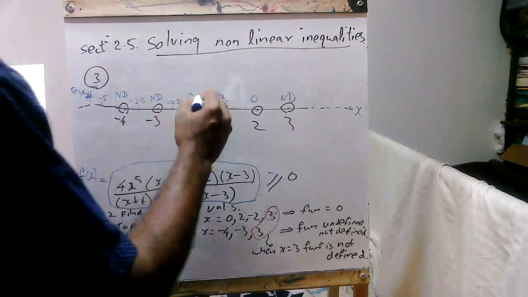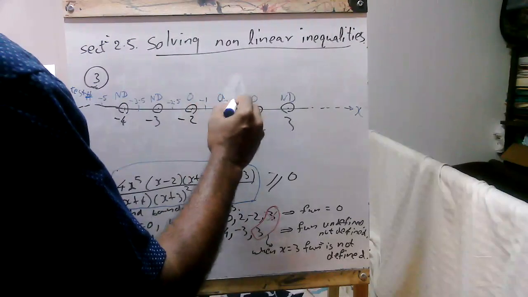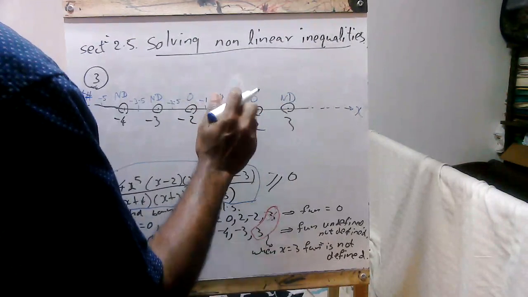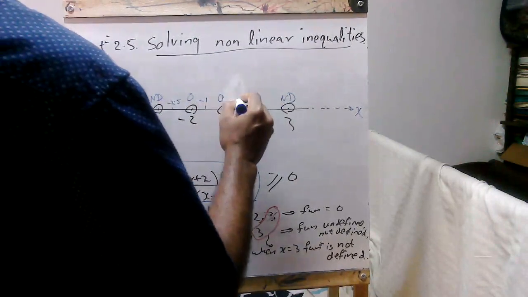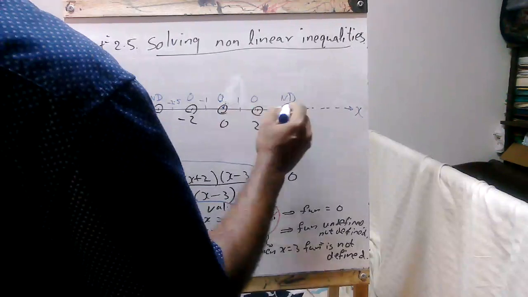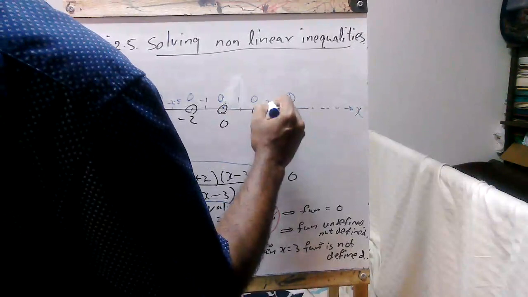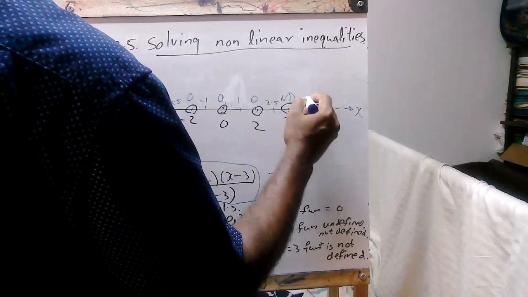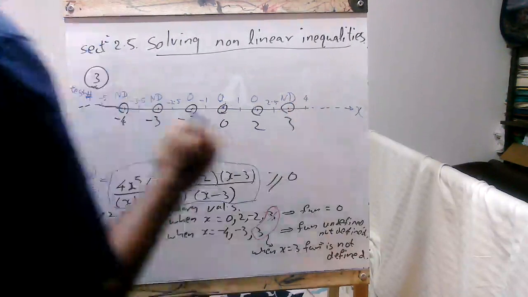Between 0 and negative 2, we can use negative 1. Between 0 and 2, it is 1. Between 2 and 3, 2.5. Greater than 3, you can use 4, 5, anything like that.